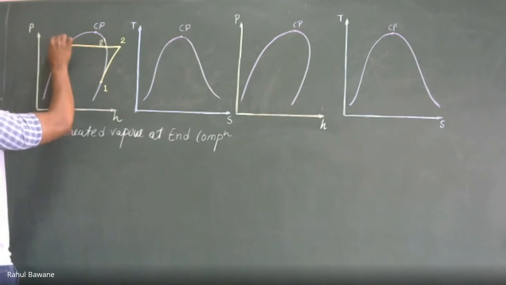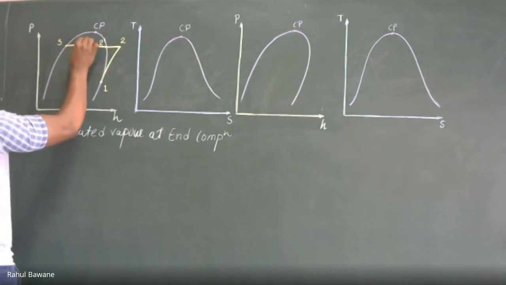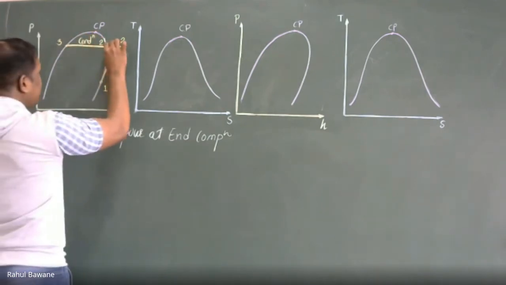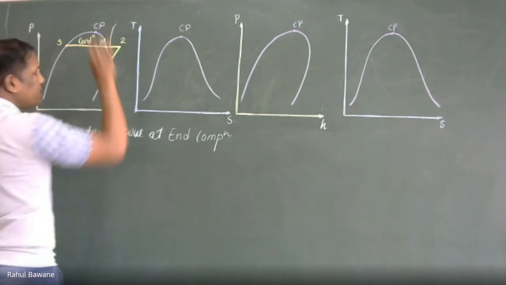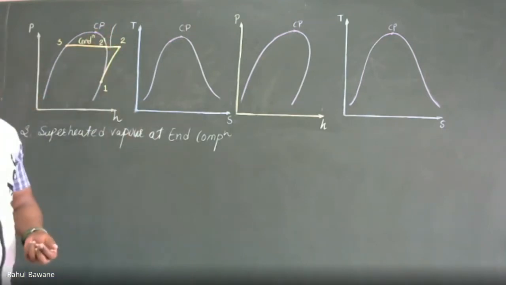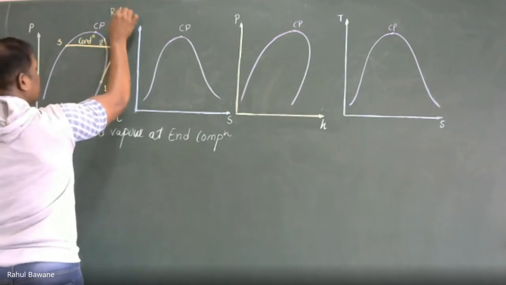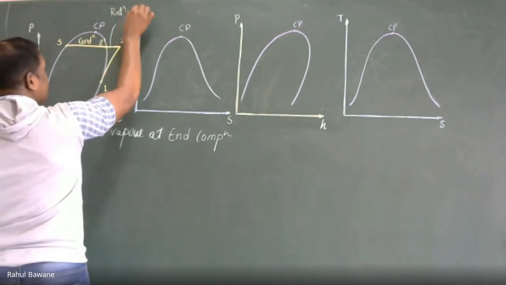So this is point 3 and this is the condenser process. From point 2 to 2 dash, it is a reduction in the degree of superheat.